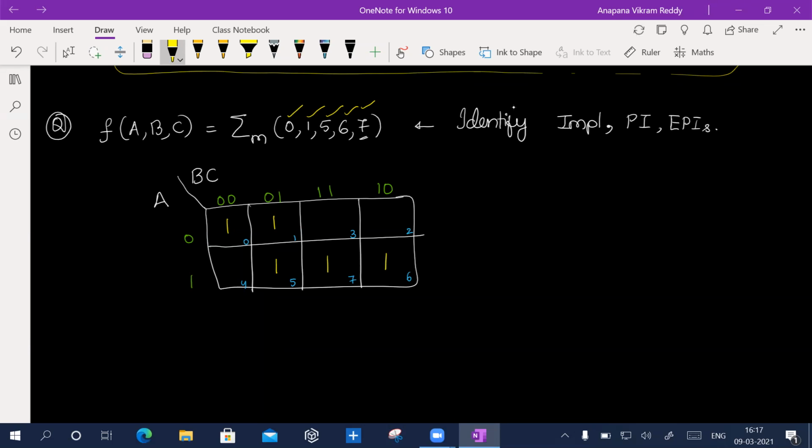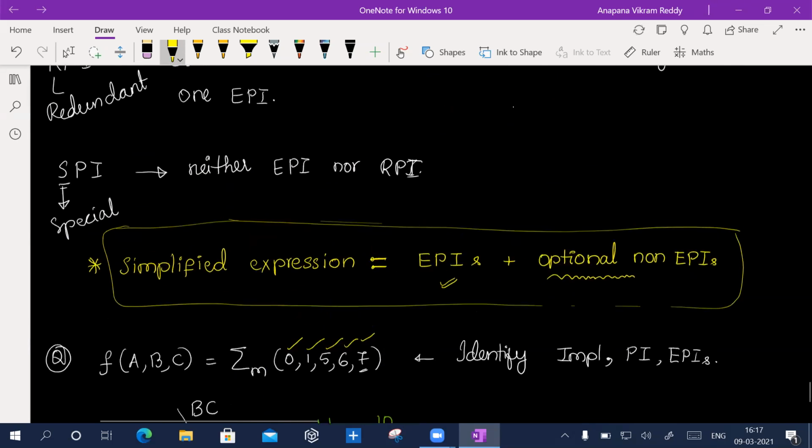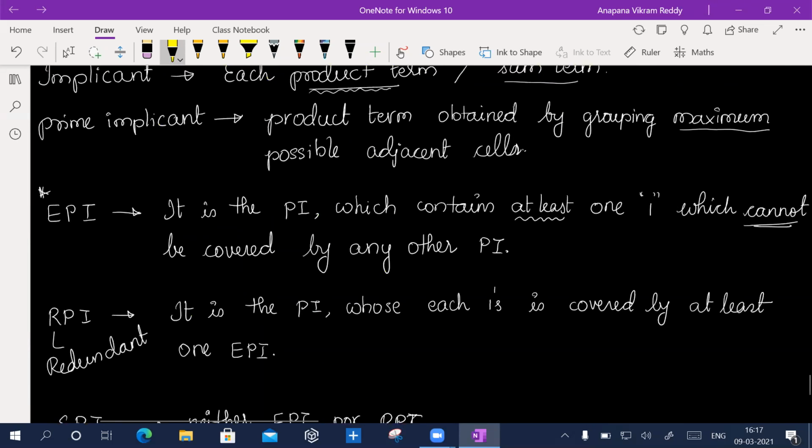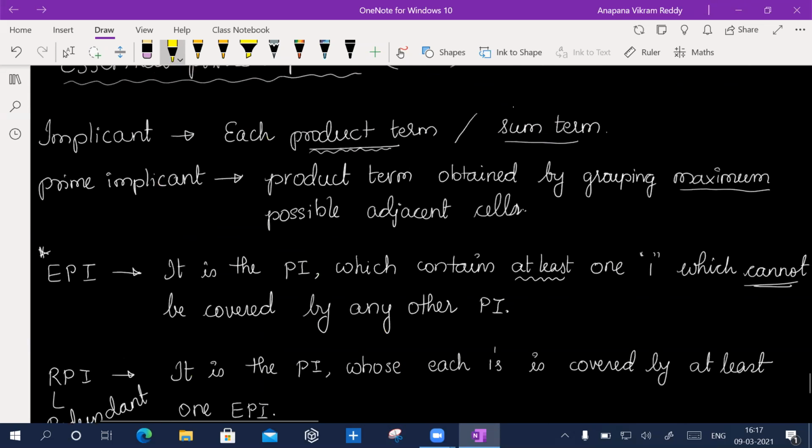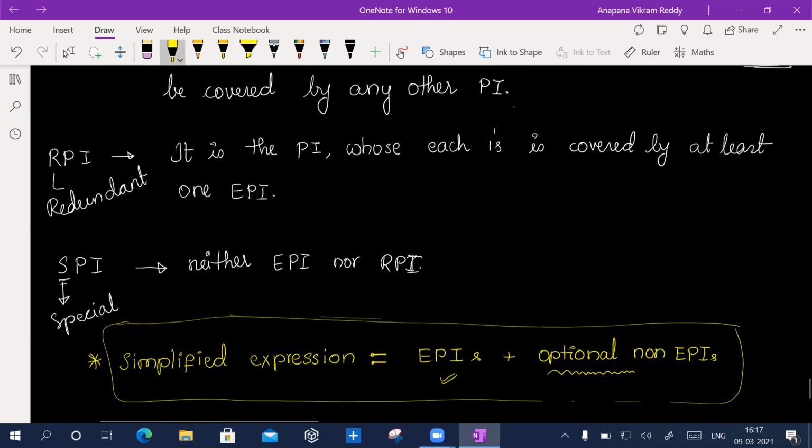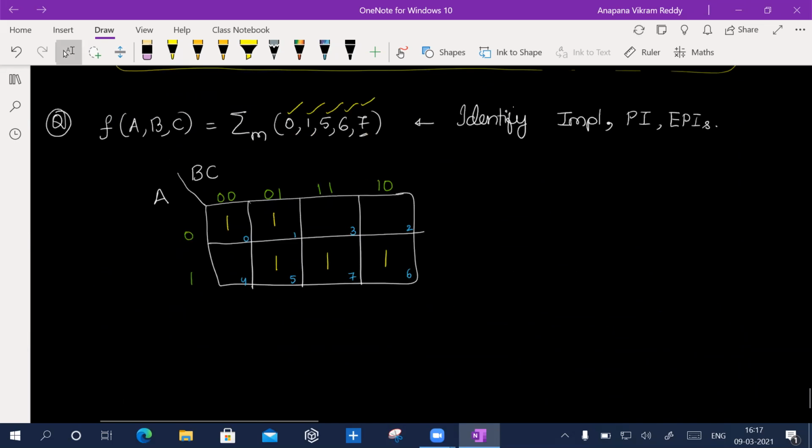Are we clear so far? From the theoretical stuff, you see what an implicant is here. I'm using product terms now. Each product term is an implicant. Now you tell me how many implicants I have here? 3, sir. 5, sir. Very good. I have 5 implicants in total. What are those individual ones?